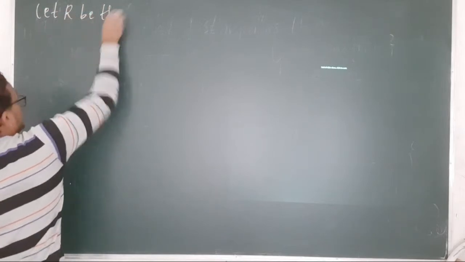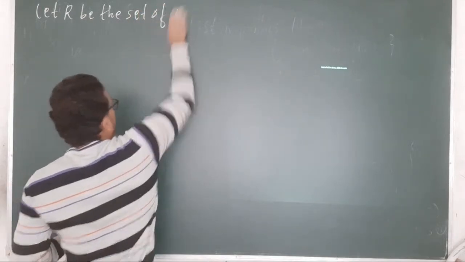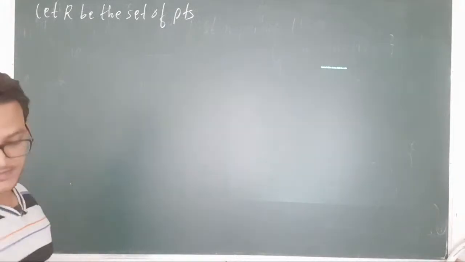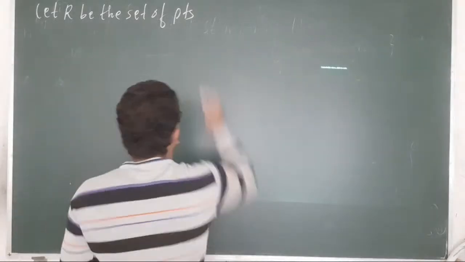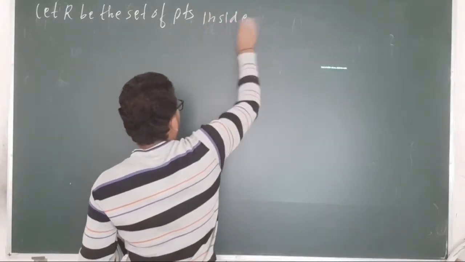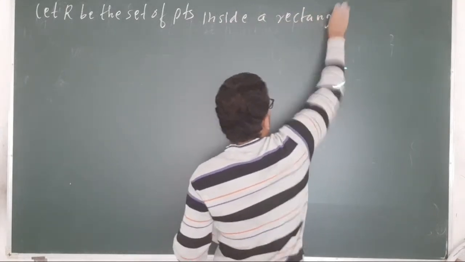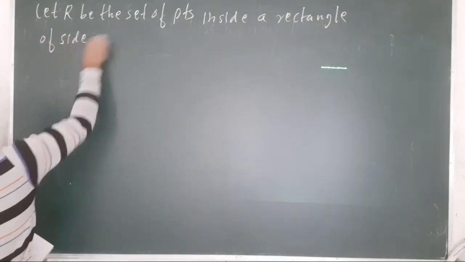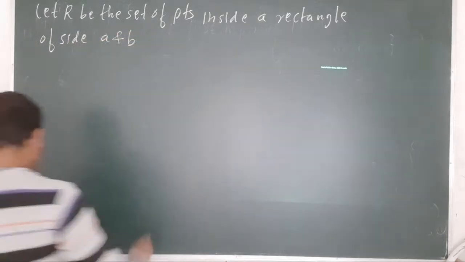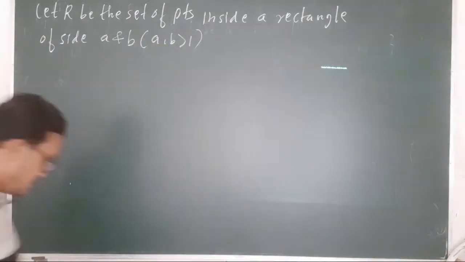Let R be the set of points inside a rectangle of sides A and B, and that AB is greater than 1.